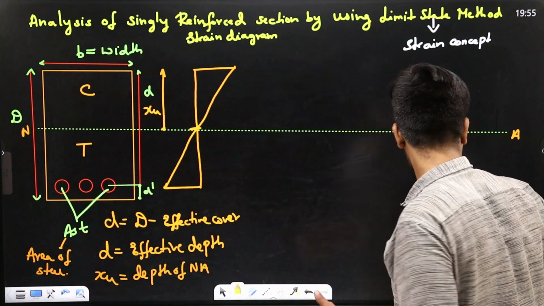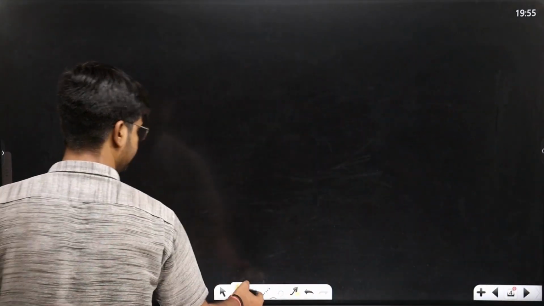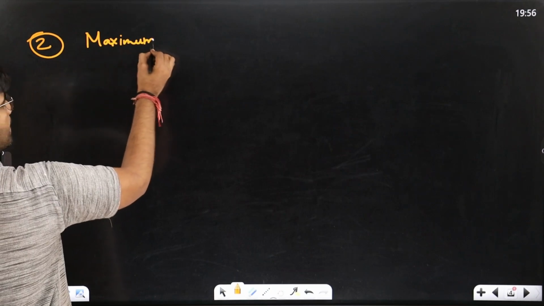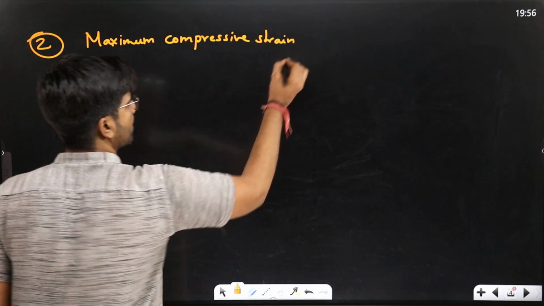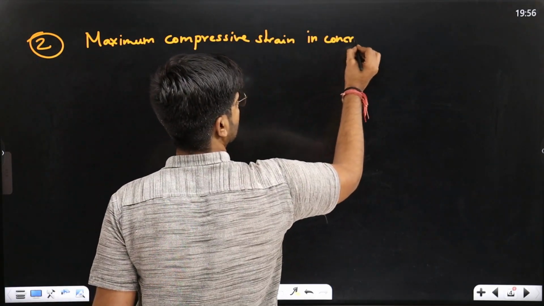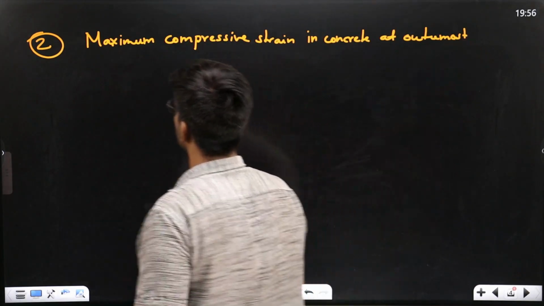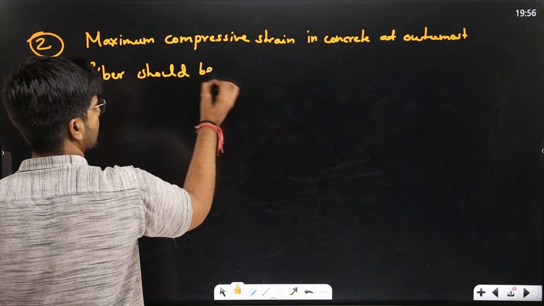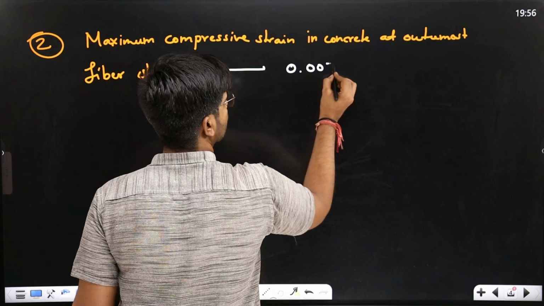Now, this is your first assumption. Second assumption: what does the second assumption tell? The maximum compressive strain in concrete at the outermost fiber should be 0.0035.